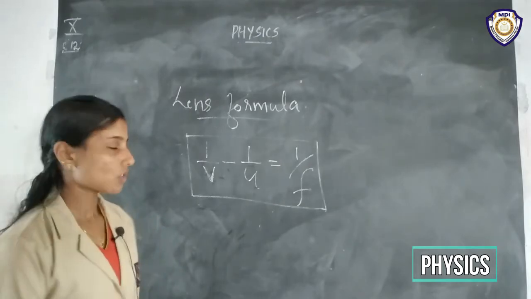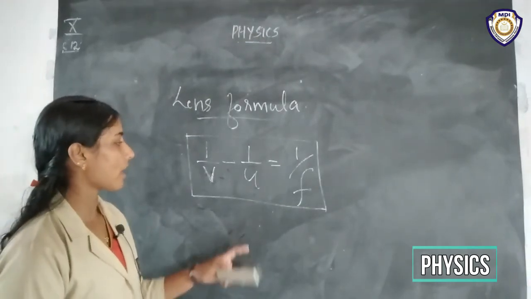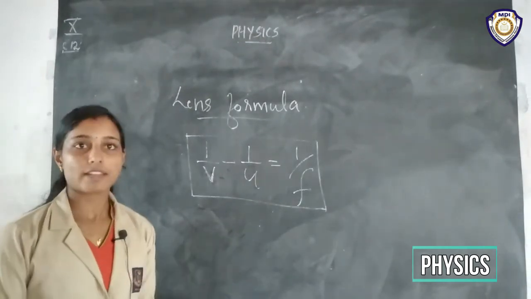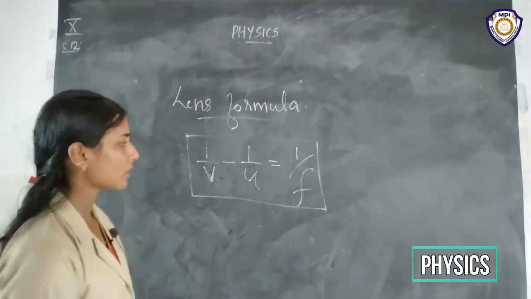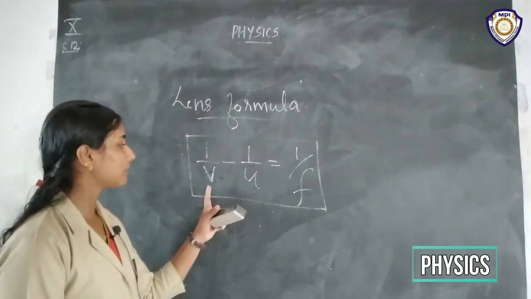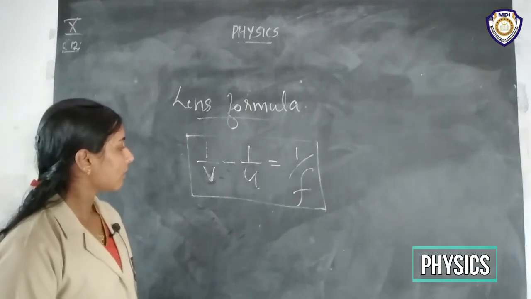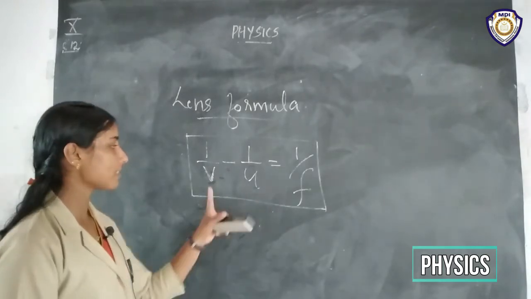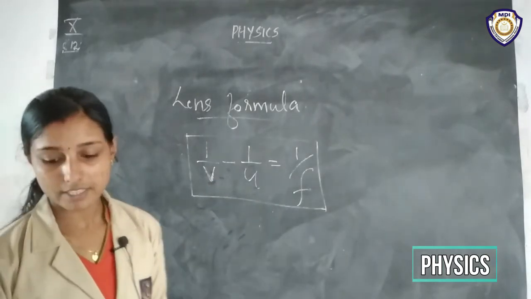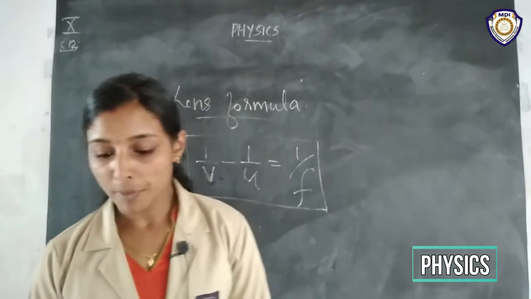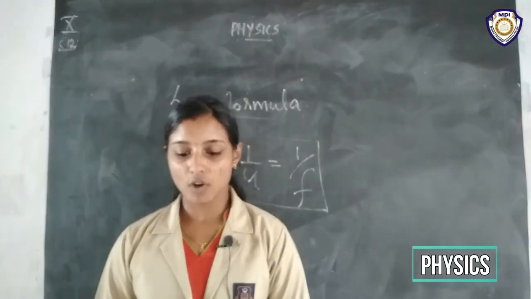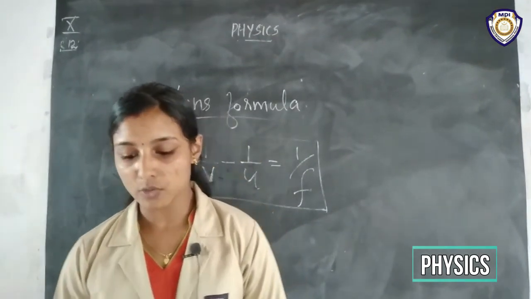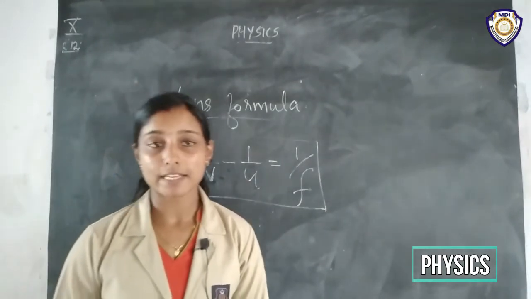Like that, we have to do all those things in the case of lenses also. You should consider the sign convention also. That is, take proper care of the sign of different quantities while putting in number values for solving problems relating to lenses.